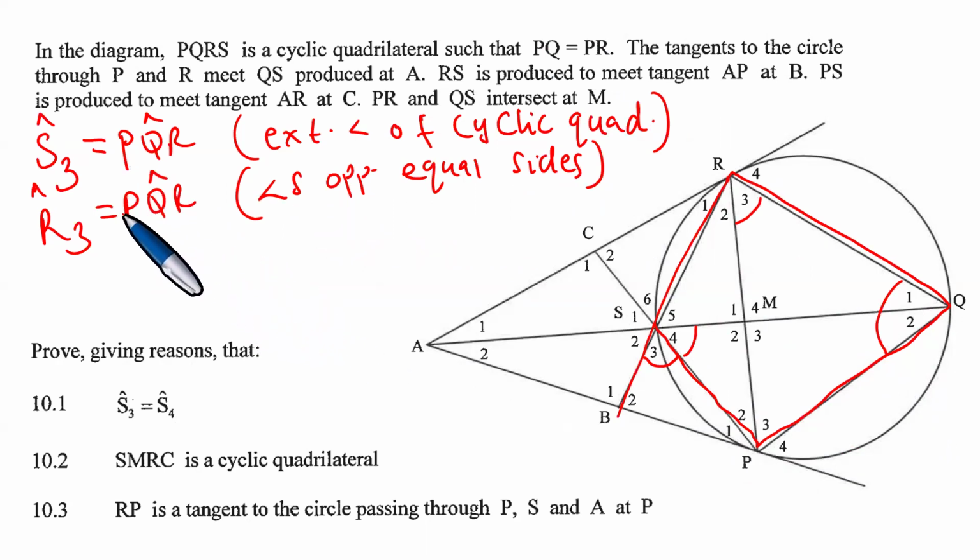Obviously, if this is the case, the conclusion we can draw is that the angle S3 is equal to R3. They are equal to each other. So S3 equals R3, and this is true because both of these angles are equal to PQR.